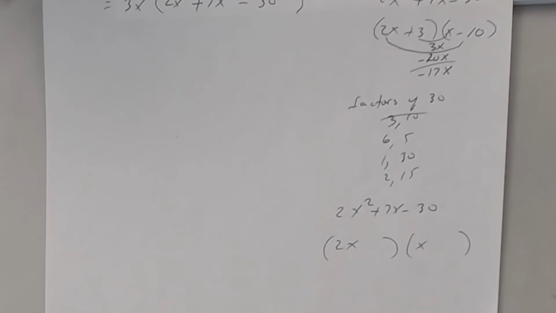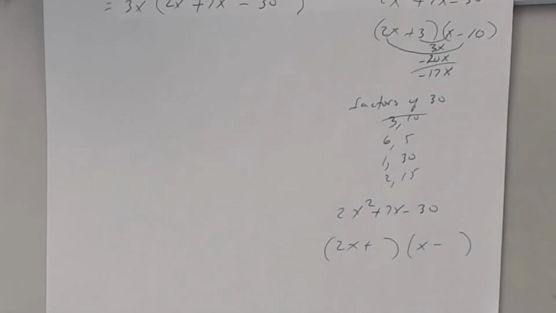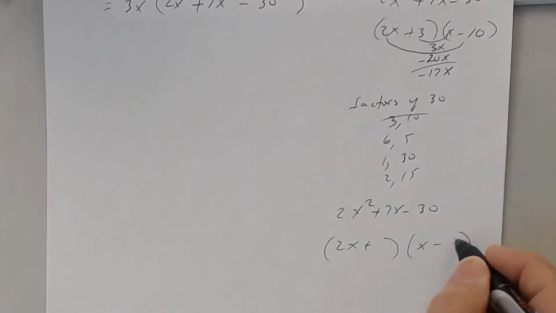So you know it was a plus and a minus. And you know 6 will not go where? In the first one. Because if you put a 6 here, that means you can factor out a 2. And this GCF is not 2. The GCF here is 1. So I'm going to put the 6 where? And the 5 here, right?